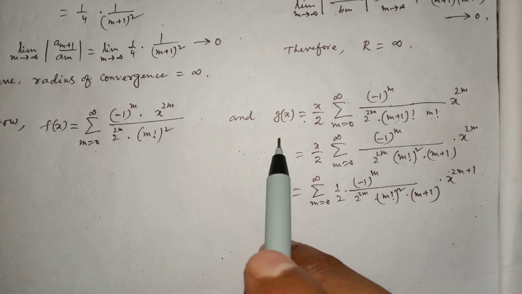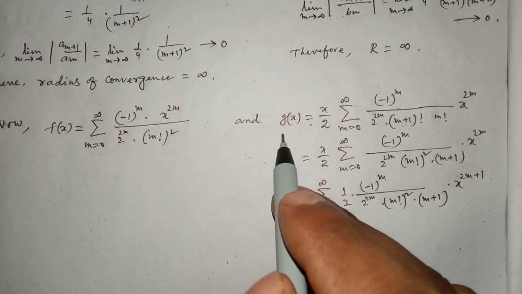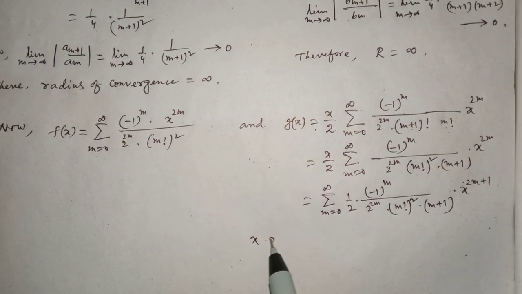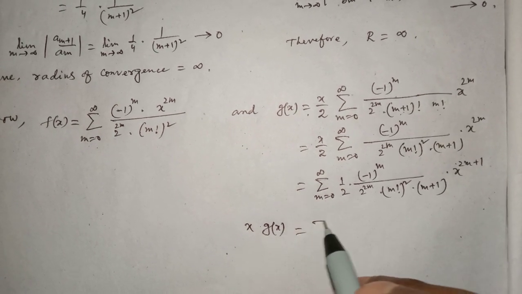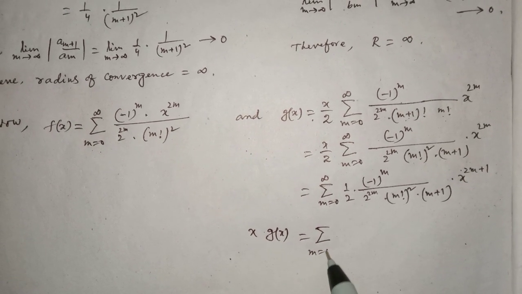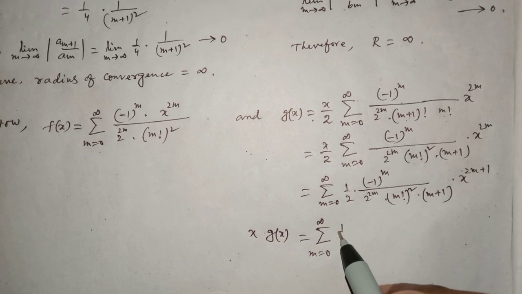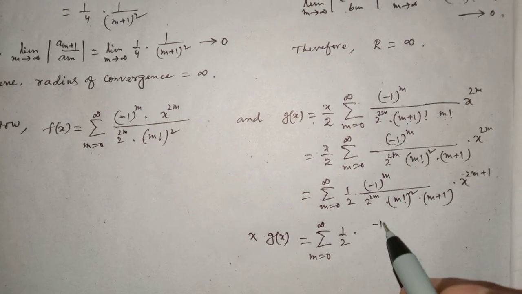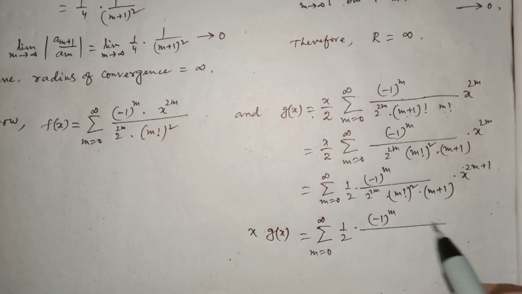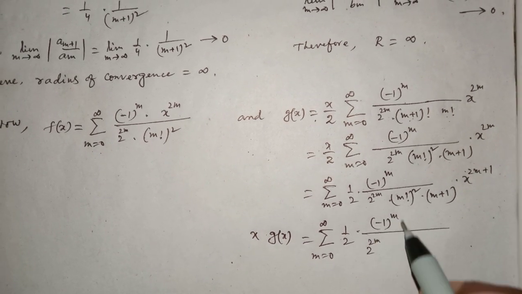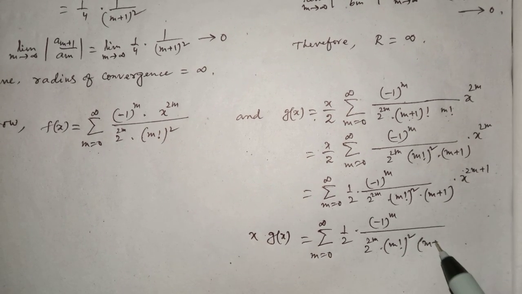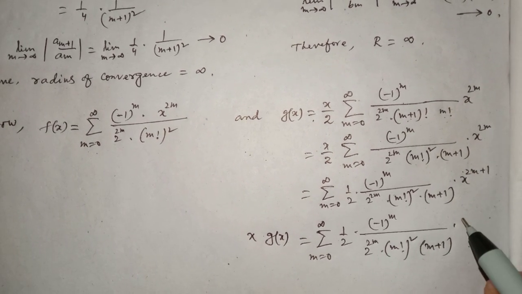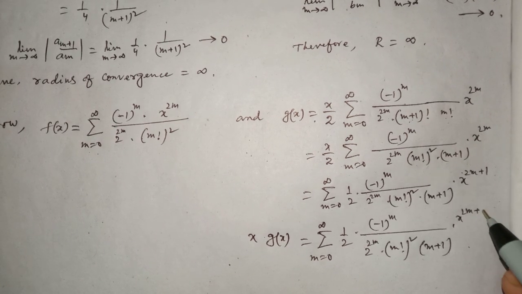Now we multiply both sides by x. So we get x g of x is equal to summation m equal to 0 to infinity, half into minus 1 whole to the power m by 2 to the power 2m into m factorial whole square into m plus 1, into x to the power 2m plus 2.